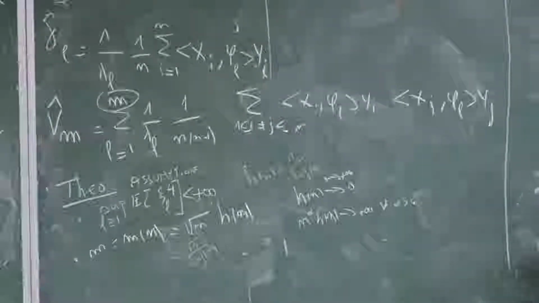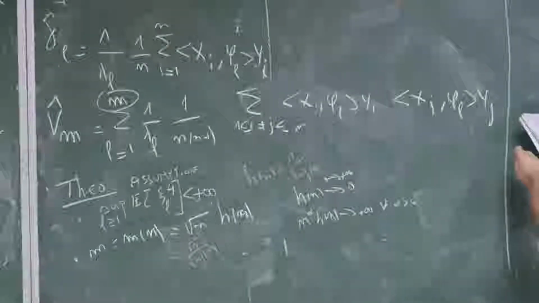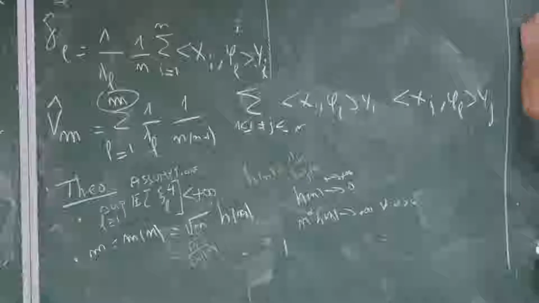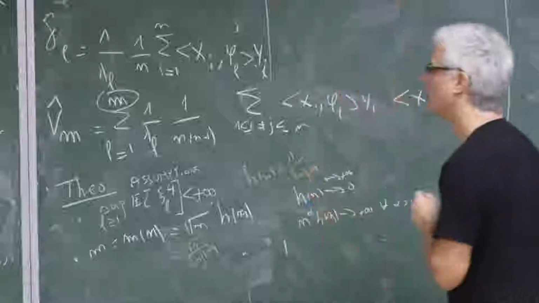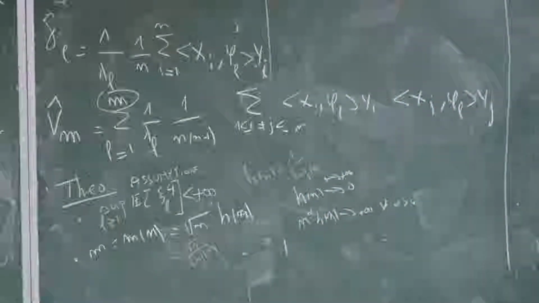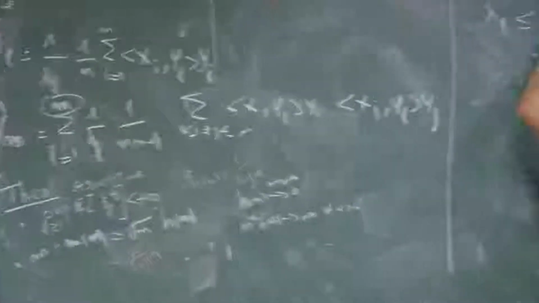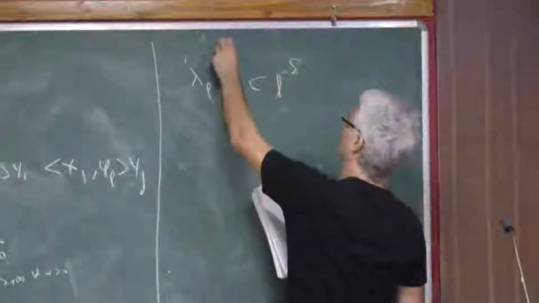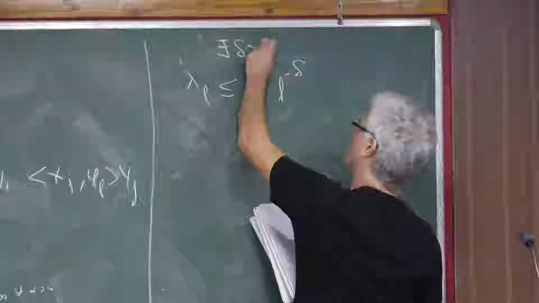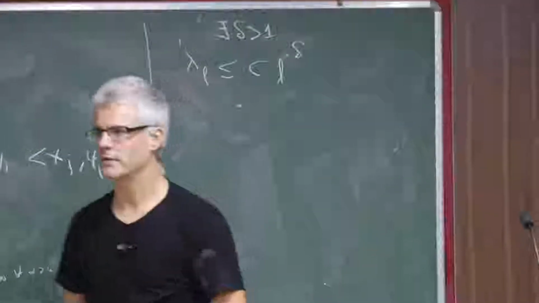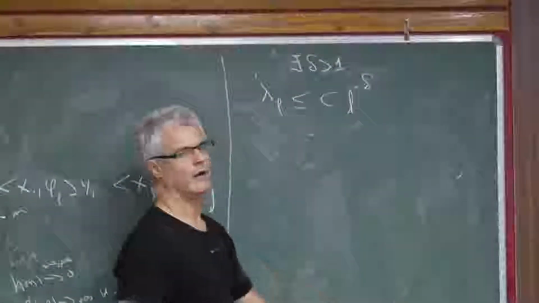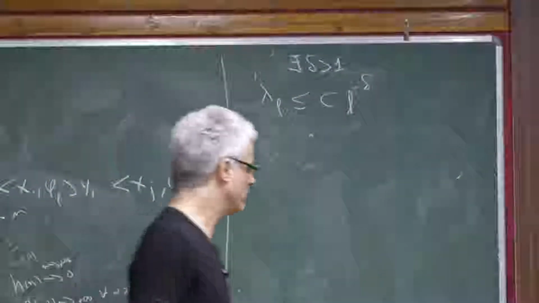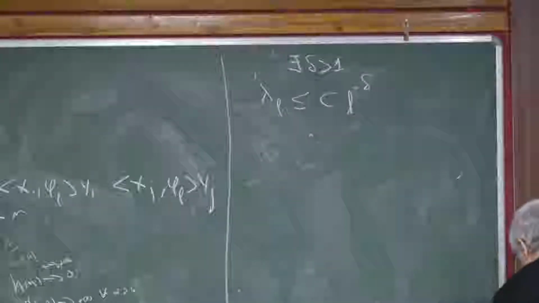Okay, and now I assume that the singular values lambda L are bounded by some constants. We assume that there exists some constant delta larger than 1, such that the singular values lambda L are bounded by C times L to the minus delta. Just a word about this assumption.